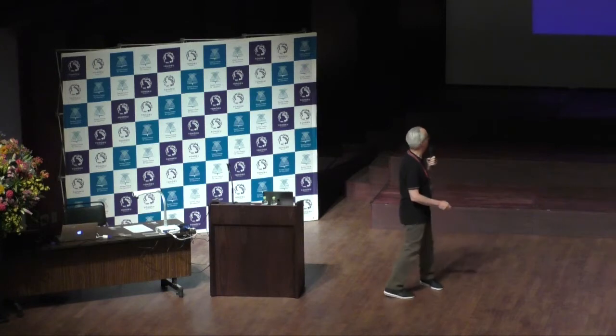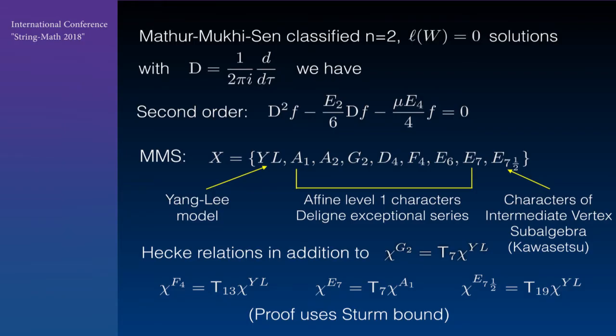That means the coefficients in the solution are non-negative integers, and the vacuum appears with degeneracy 1. So if you do that, then Mathur, Mukhi, and Sen showed that you get a finite list of solutions. The first one is the Yang-Lee model, and then you get affine level 1 characters for A1, A2, G2, D4, F4, E6, and E7. This is known as the Deligne exceptional series of Lie algebras.